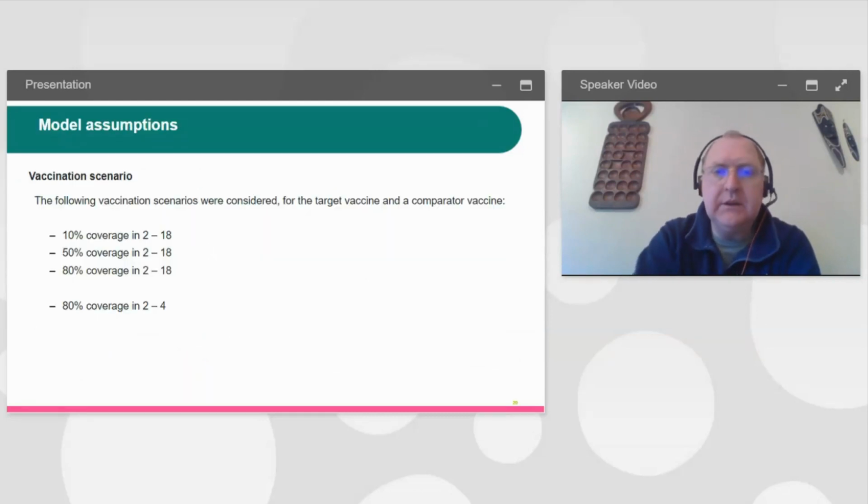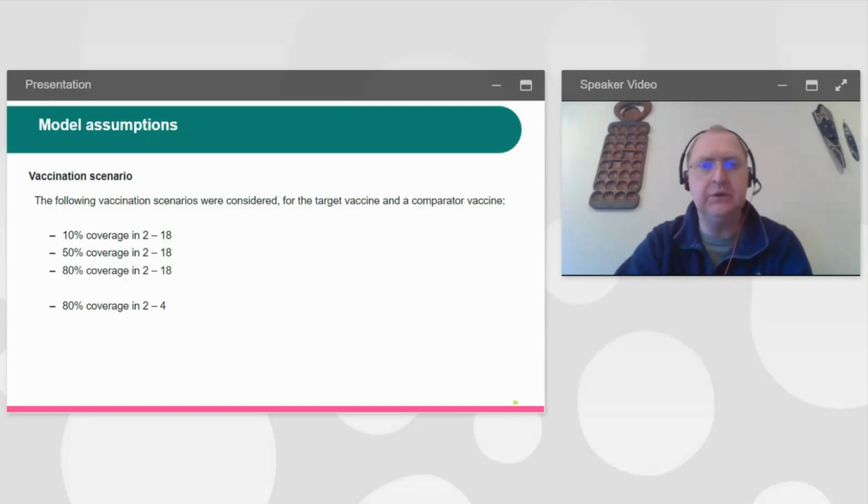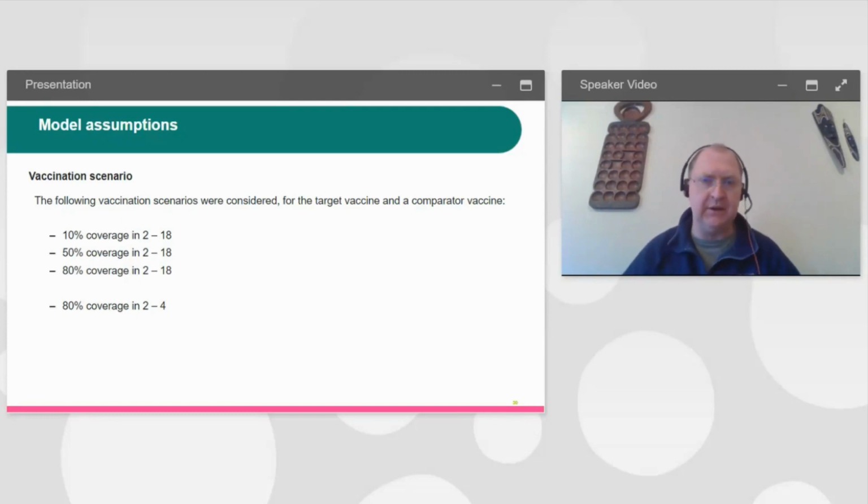Having calibrated our model against that data, we were then in a position to use it as a tool to look at various vaccination scenarios. The ones that we looked at were various levels of vaccination coverage in 2 to 18-year-olds, and a further scenario of 80% coverage in 2 to 4-year-olds, either with the target live attenuated influenza vaccine or a comparator vaccine.